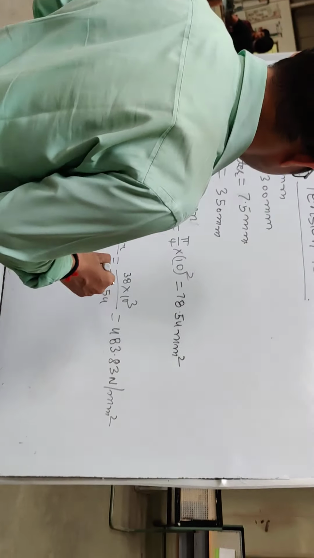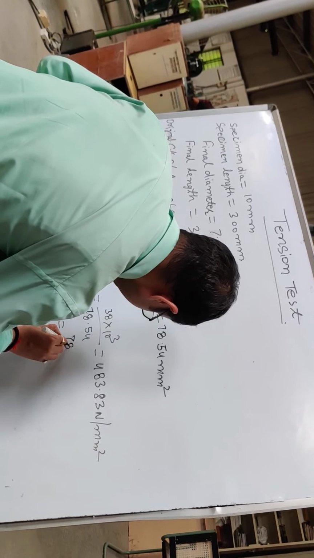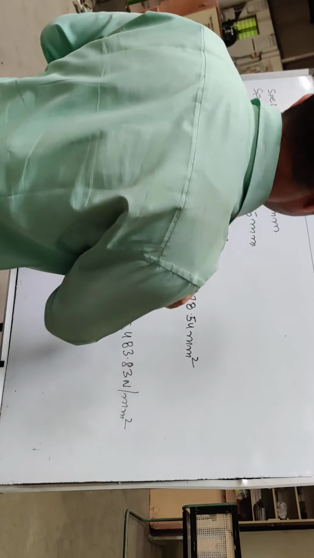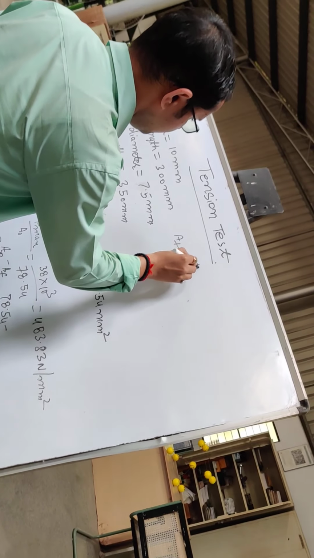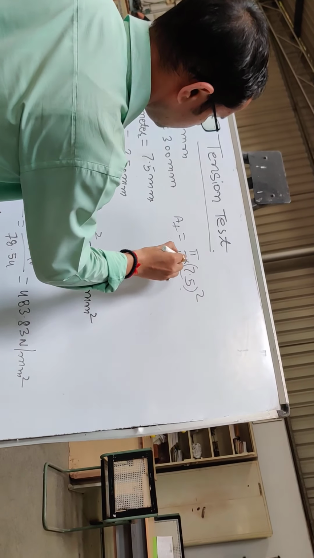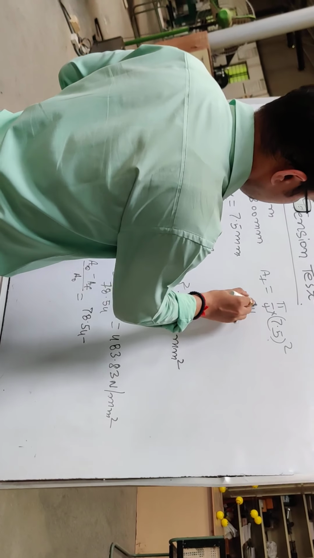So original area is 78.54 minus final area. Final area you have to determine. So here I am determining final area, pi by 4, 7.5 square.